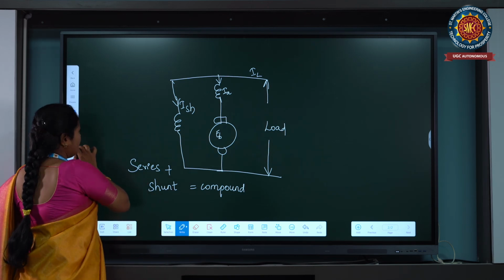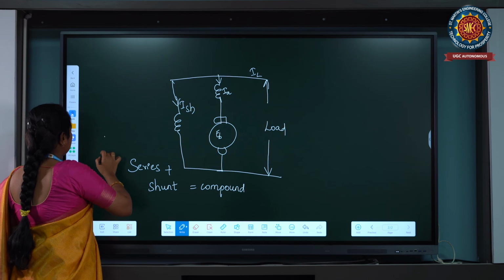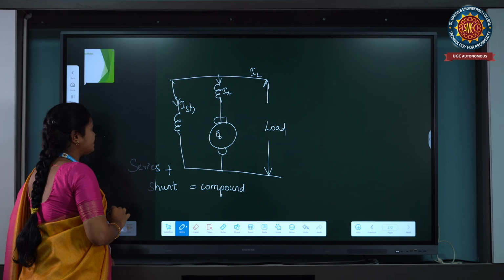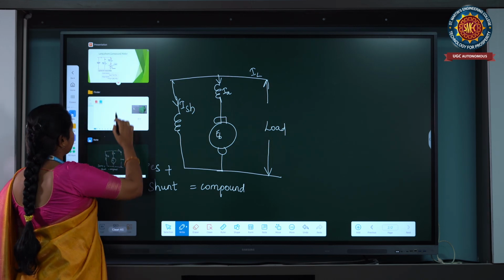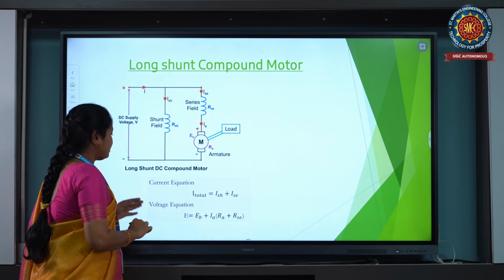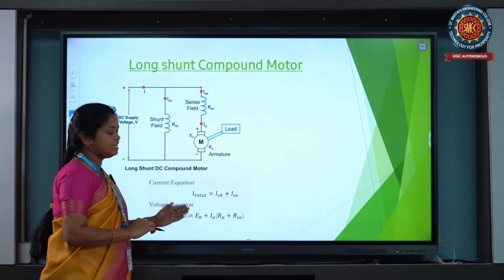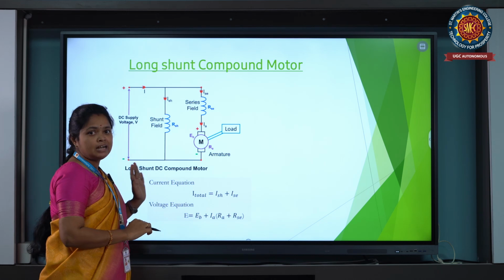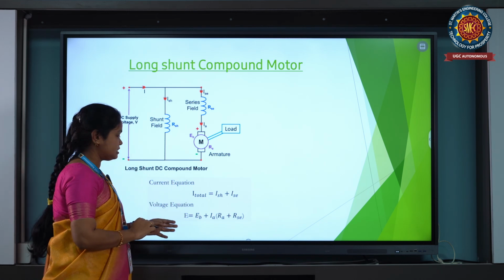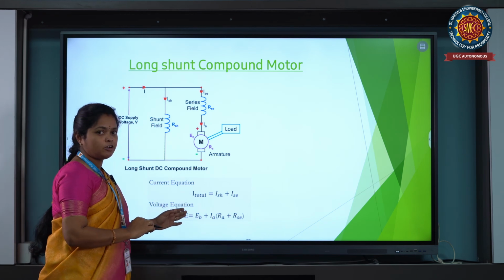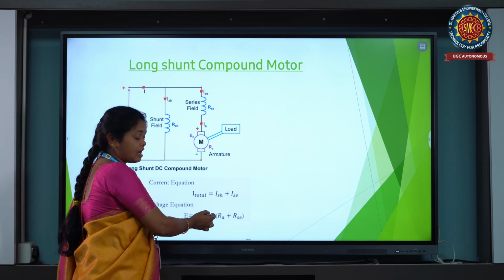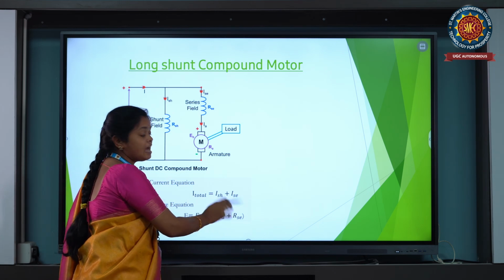So these motors are mainly applicable for high starting torque, same like your shunt motor. The voltage equation is the same as your series motor equation: V equals EB plus IA RA plus ISC RSC.